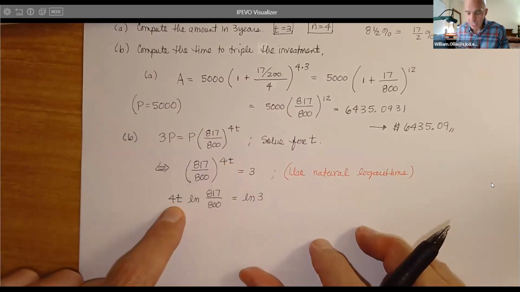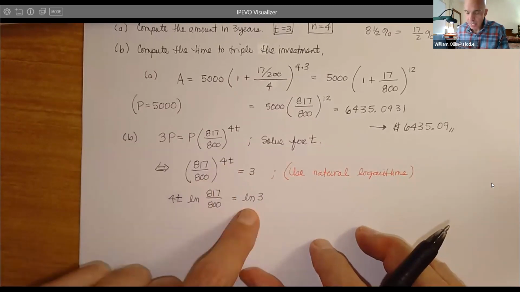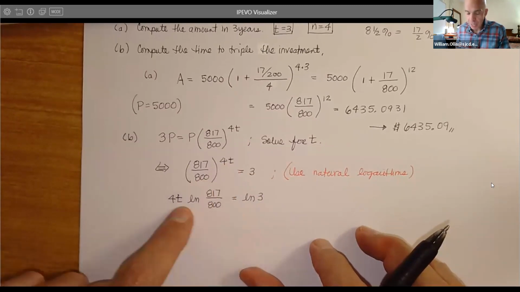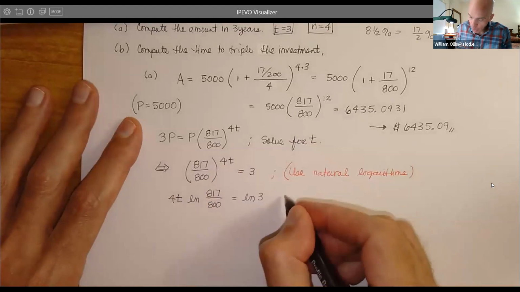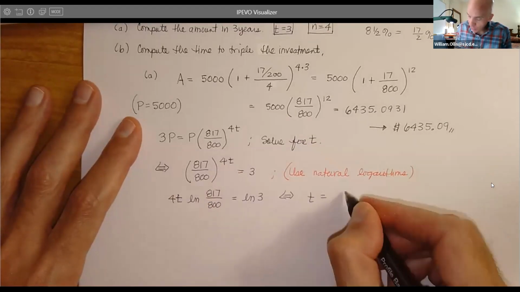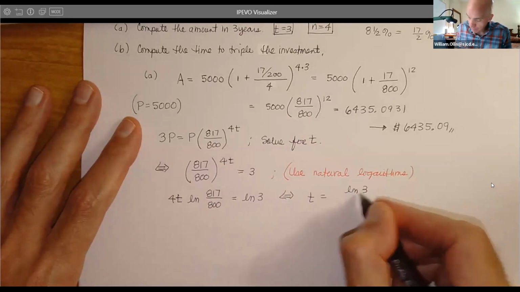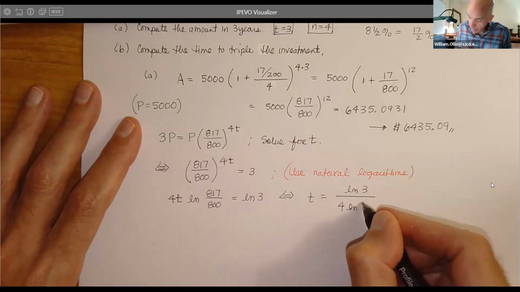And now for the t, we just divide by 4 times the natural log and leave the t over here. So t equals the natural log of 3 divided by 4 times the natural log of 817 over 800.